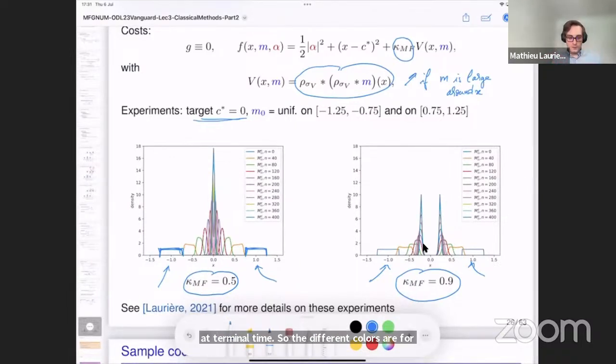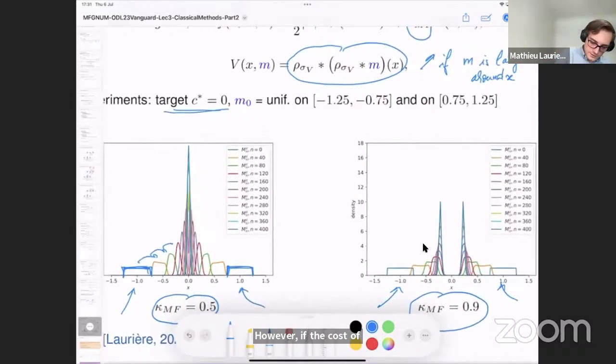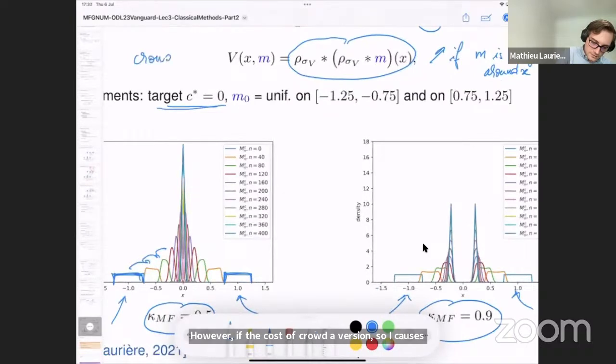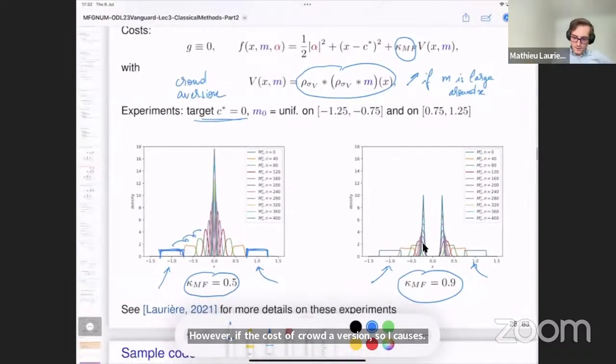The mass moves towards the center, from here to here to here, and then it concentrates more and more at the center. However, if the cost of crowd aversion is very strong, maybe it's agoraphobia, or maybe you really want to avoid the crowd. Here, 0.9 is not extremely large, but still.